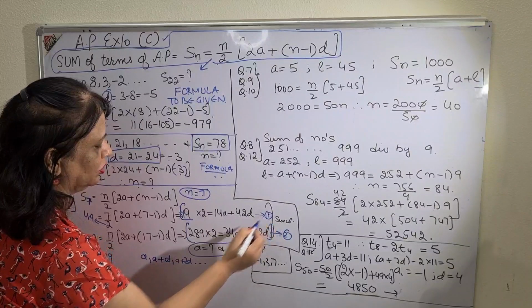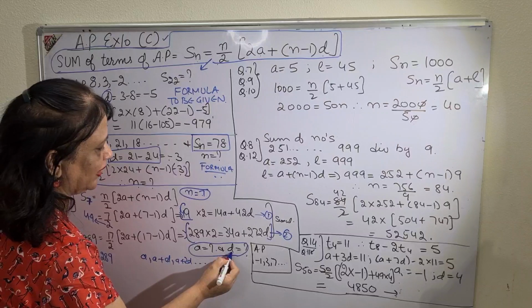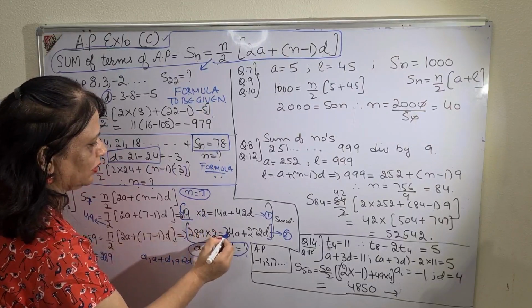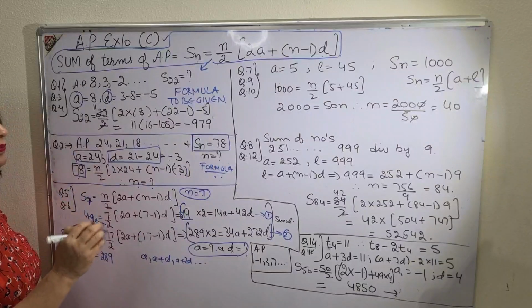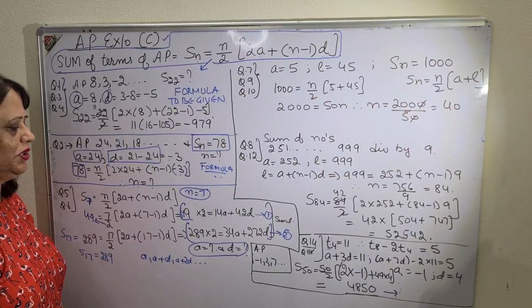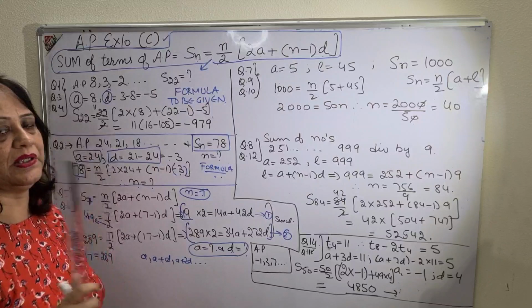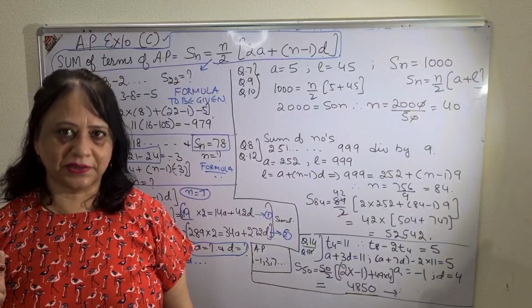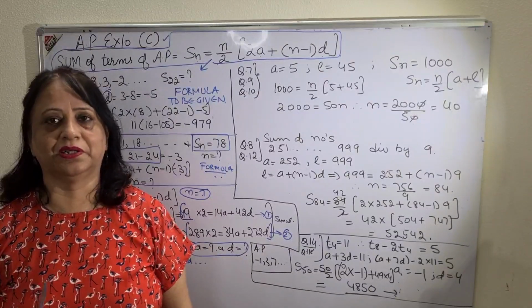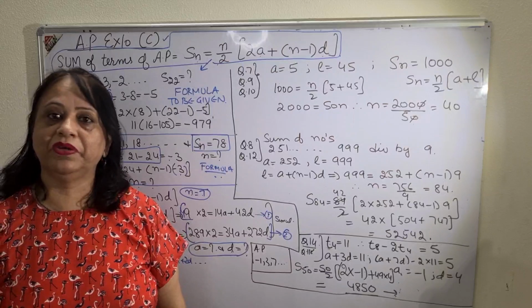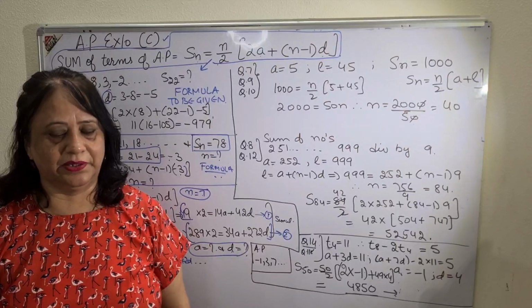Solve 1 and 2, a and d you will get, and please do all the calculations again and again in the column at least twice. Be very sure, then only go for the next one. Just remember the language, whether the last term is given or the sum of the terms is given. There is a lot of difference between a single term and the sum of all the terms.